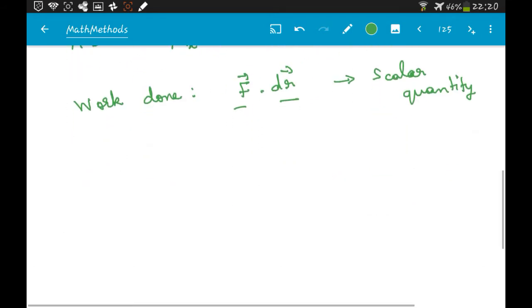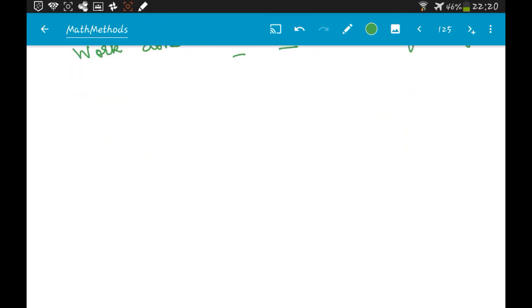Similarly, as we all know, there is also something known as a vector product. This was a scalar product, and we can also do a vector product. So what is a vector product? How is it represented?